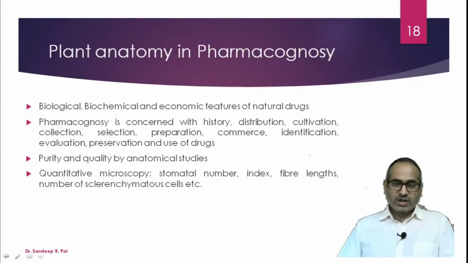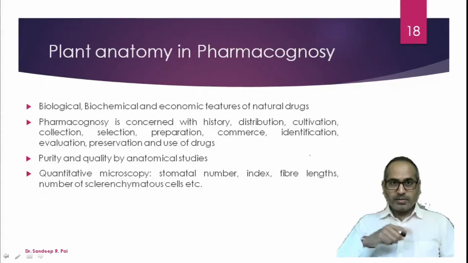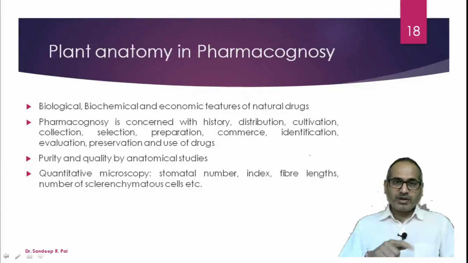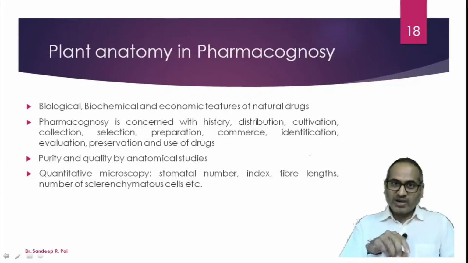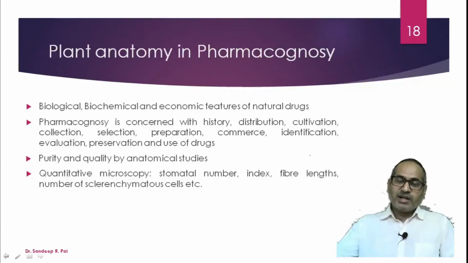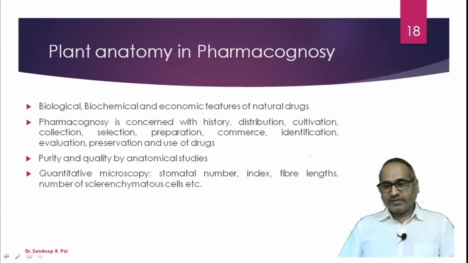For stomatal number, you just count the number of stomata per square area, whatever it may be, per inch square, per mm square, per centimeter square. So you calculate how many stomata are there in a mm square, so that you can multiply it over the complete leaf, right? Stomatal index, fiber lengths, number of sclerenchymatous cells, just count the number of sclerenchymatous cells in one particular area, etc. all come into quantitative microscopy.